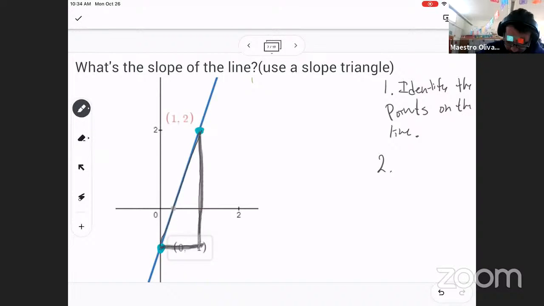Wait, I just realized. Let me just erase this part. Okay. There's my triangle. I'm just gonna be lazy and draw a triangle.